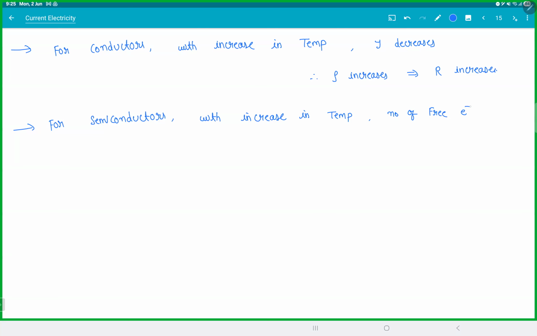You get more electrons to participate in conduction. So this actually dominates. Therefore, rho decreases. So if you increase the temperature, the resistivity decreases for semiconductors, but for conductors, it increases. It means if you take a copper wire and a carbon filament, carbon is close to a semiconductor. So if you increase the temperature, carbon's resistance will decrease and copper's resistance will increase.